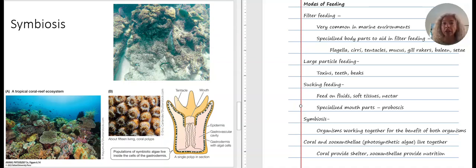Without these algae, coral would never get enough nutrition to grow fast enough and take over a whole coral reef like this. When coral gets stressed, they actually expel these little algae, and that causes coral bleaching, and the corals can end up dying from that because they're not getting enough nutrition.